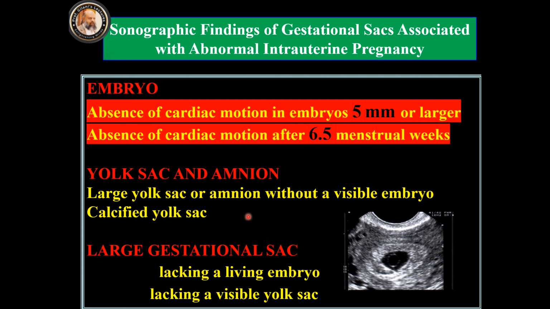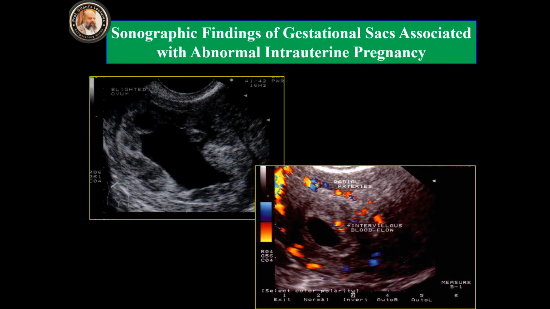Large yolk sac and amnion without a visible embryo, calcified yolk sac is seen. The large gestational sac, lack of living embryo and lacking of visible yolk sac. These are the sonographic findings of gestational sac associated with abnormal intrauterine pregnancy.